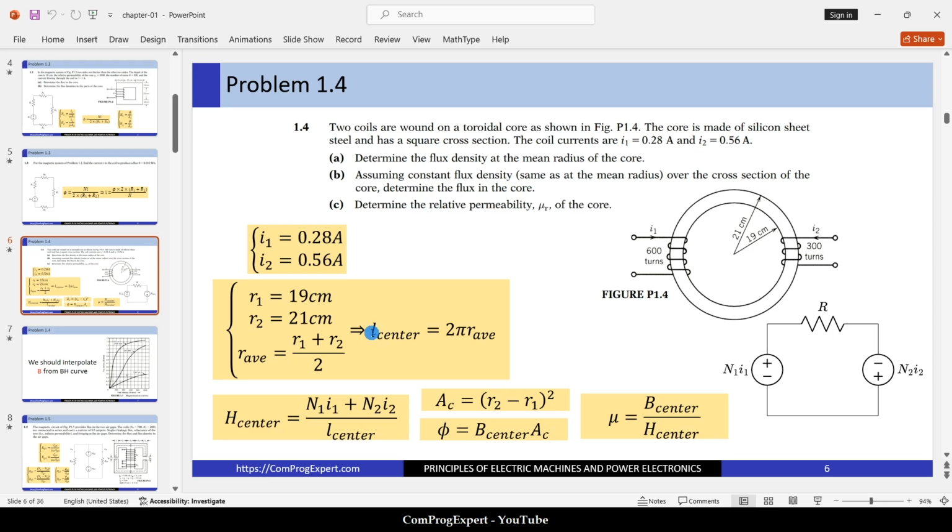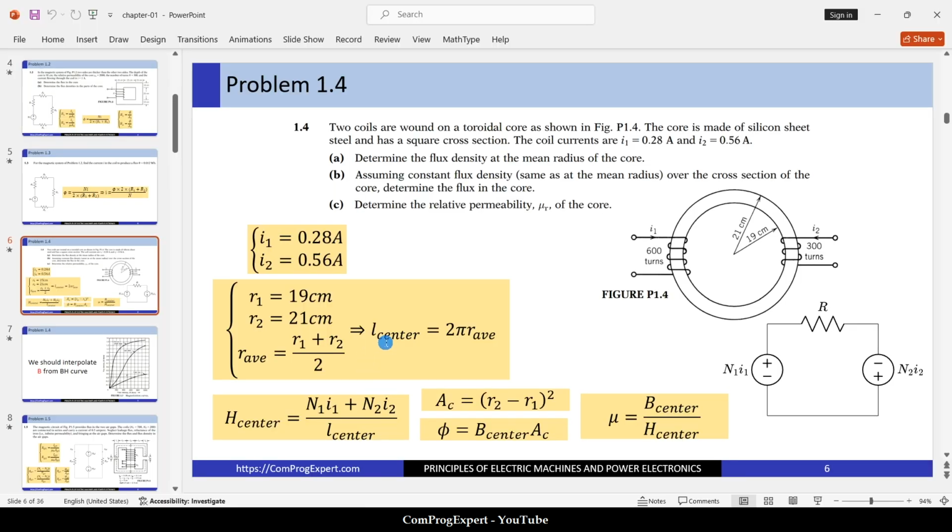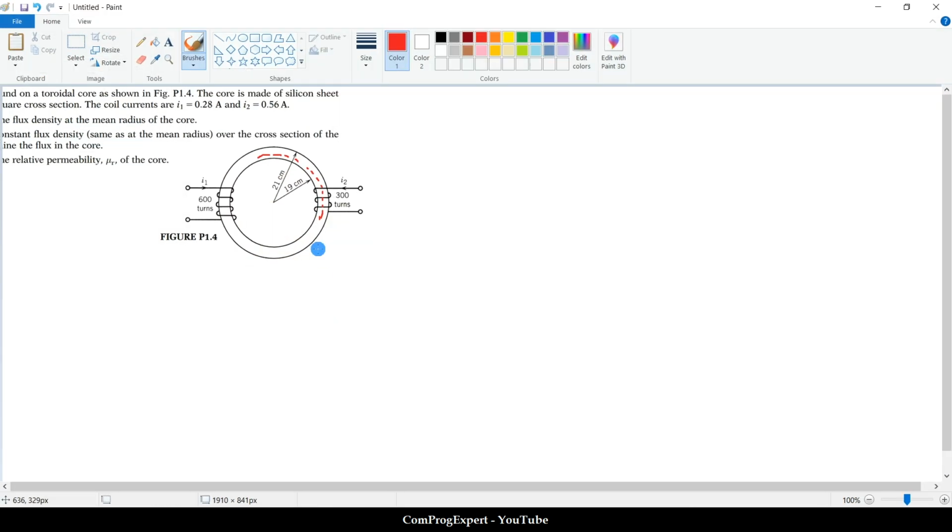So the length of this path in the center is equal to 2 times pi times R average. If we calculate the integral of H dot dl considering this path, it is equal to N1 times I1 plus N2 times I2.